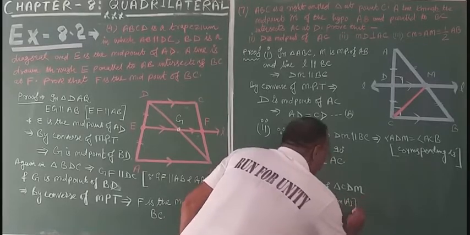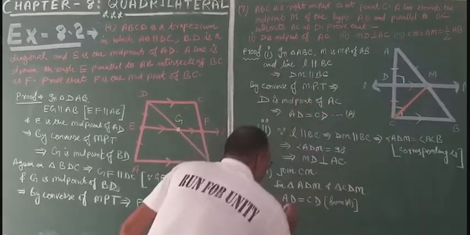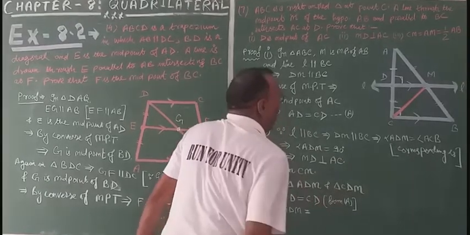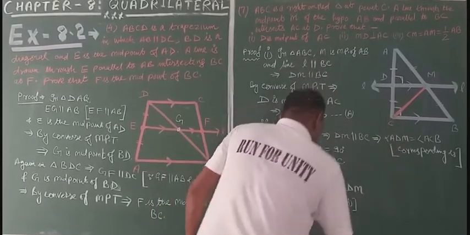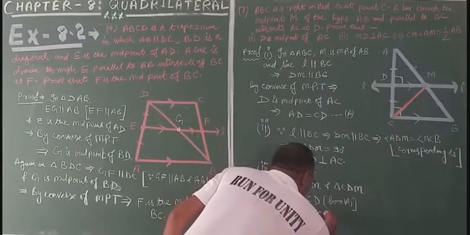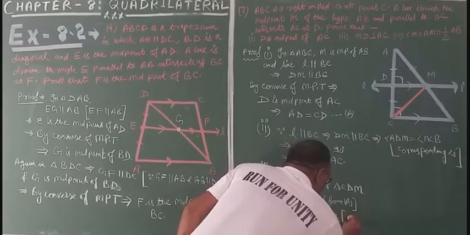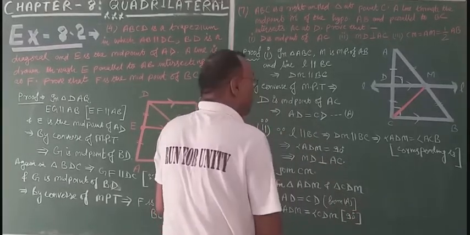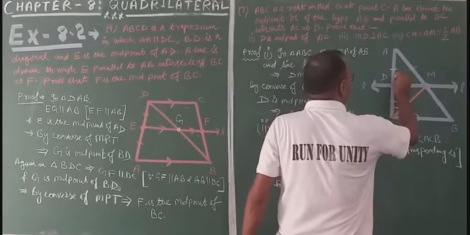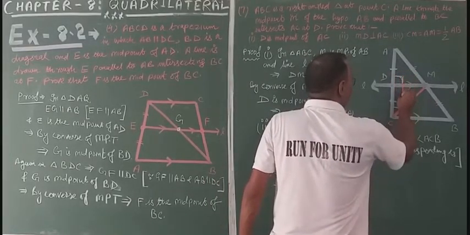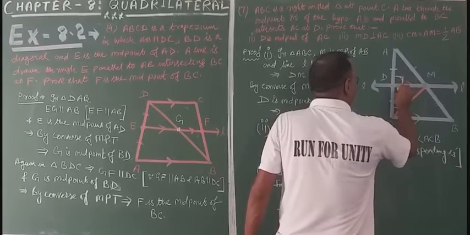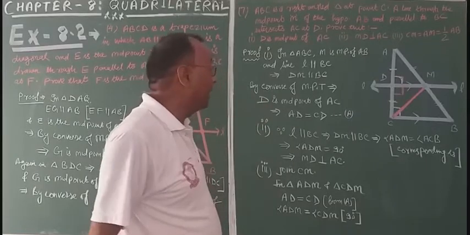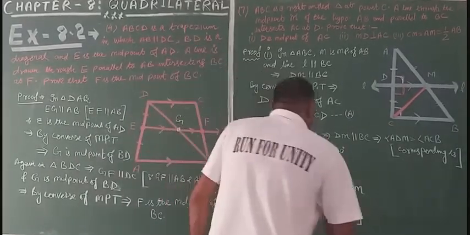From equation A. Again, angle ADM is equal to angle CDM, 90 degrees. Why are they 90 degrees? Since this angle is 90 degrees, this angle will also be 90 degrees because they are a linear pair. Angle ADM is equal to angle CDM, 90 degrees, and the third one, DM, is common.